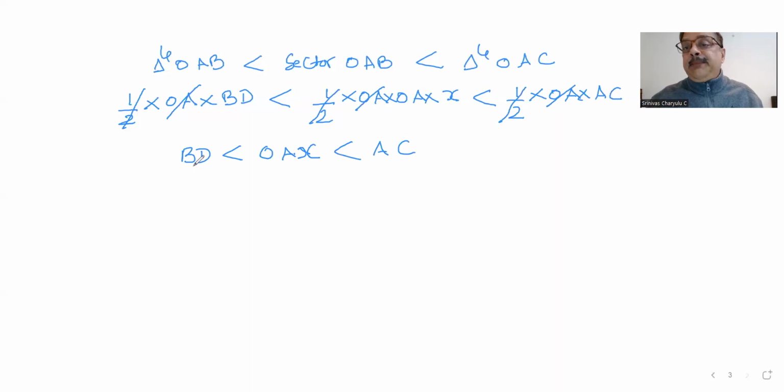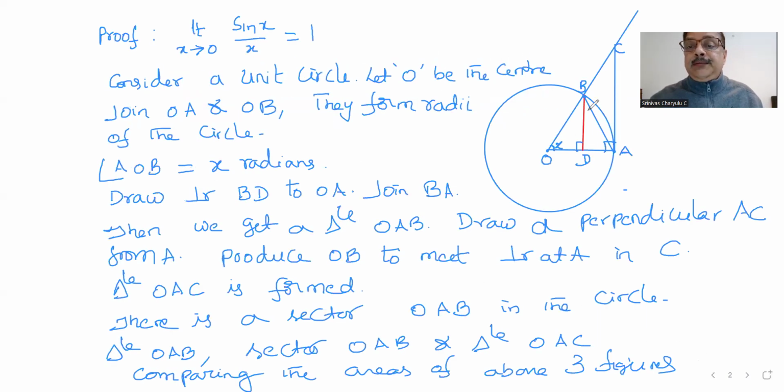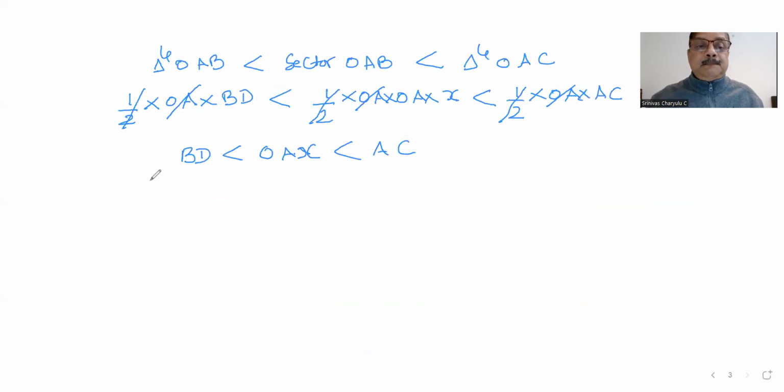Now, what is this BD? Let us go to this page once more and see what is this BD now. Sin X is equal to BD by OB. Sin X is equal to BD by OB. Correct? So now you can write this as even BD by OA also, no problem, because OB and OA both are same for us.